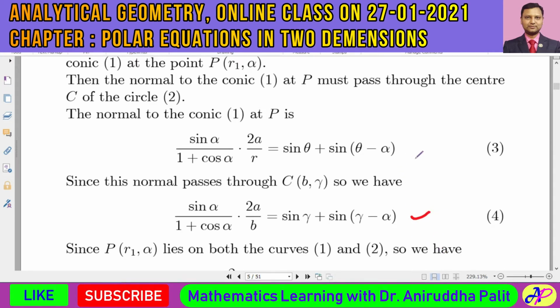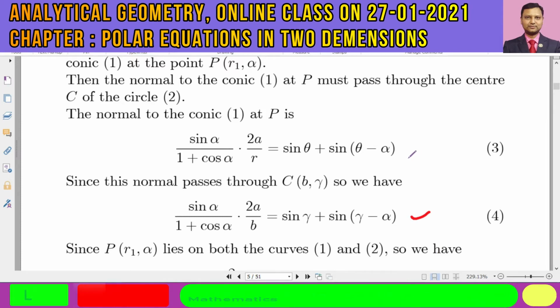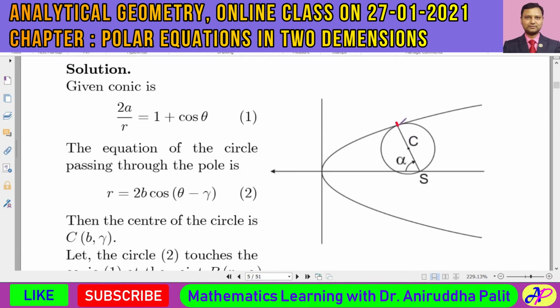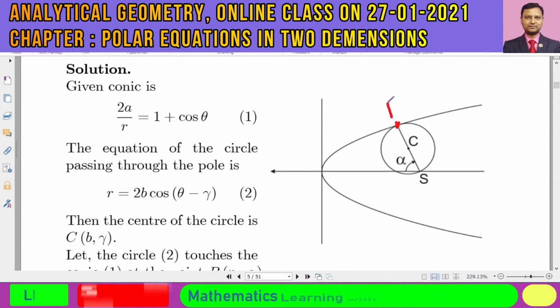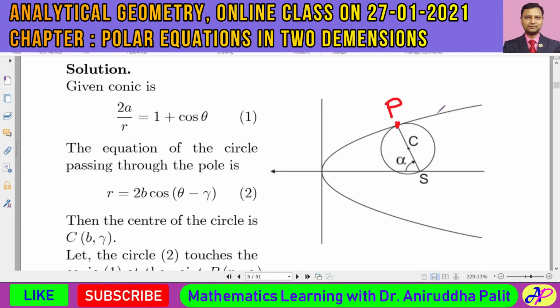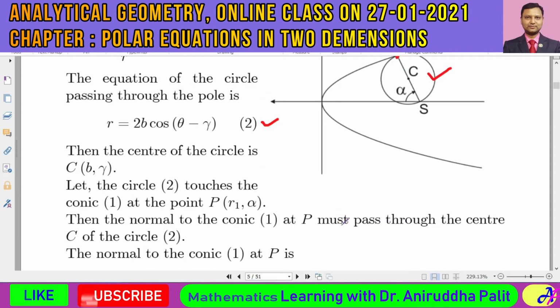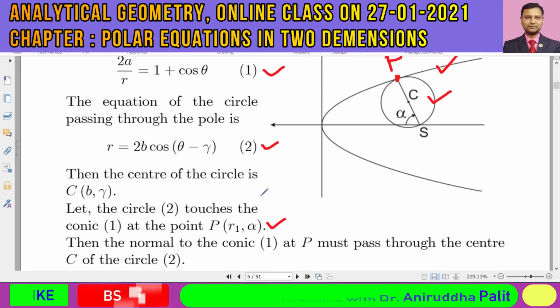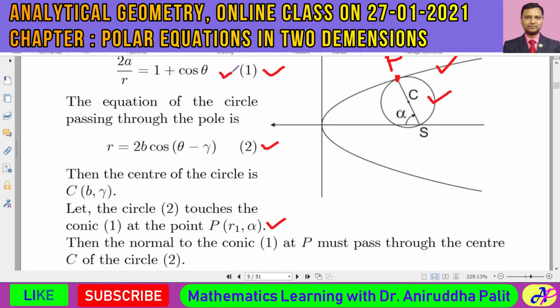Now you see, this was the point P, and P is a point that lies on this conic as well as on the circle. Therefore, the equation of the conic and the equation of the circle, both of these two equations must be satisfied by the coordinates of the point capital P. So we put these two coordinates of the point capital P in equation number 1 and in equation number 2.